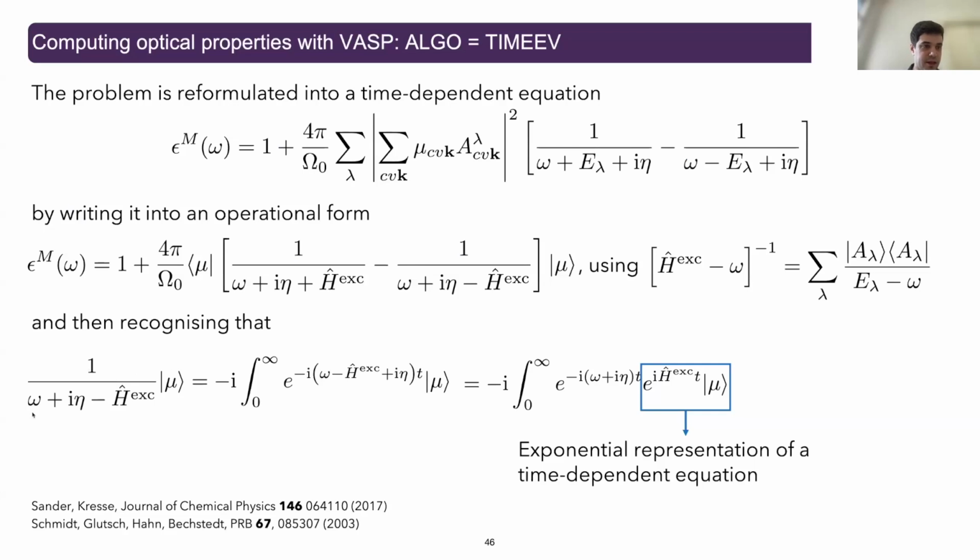You recognize that this can be written as an integral from 0 to infinity of this exponential. And since the excitonic Hamiltonian is time independent and will commute with the scalars, you can take it out. And you can understand this as an exponential representation of a time-dependent equation where the initial value is set to this vector.